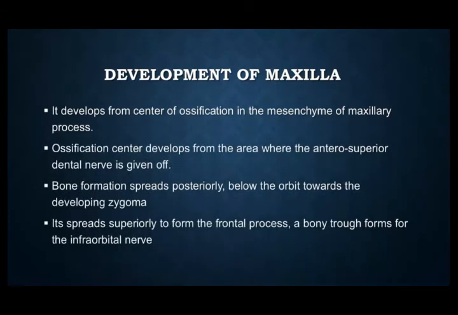Okay, so now you have studied how different regions of the upper lip are going to develop. So when these different sections of upper lip are developing, simultaneously the maxilla is going to develop underneath. And the structures involved in the formation of this maxilla are that the mesenchymal cells will first of all develop a primary ossification center.